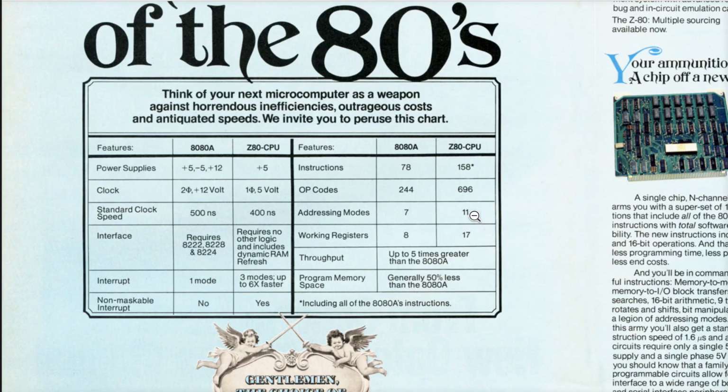Do I get data out of a register that's inside the CPU? Can I get it out of memory? How else can I do this? Well, you got more modes, more options with the Z80, a superset, again, of what you got in the 8080. Working registers: how many variables does the CPU itself know about, if you don't know what a register is? Those are little memory bytes that are inside the CPU itself.